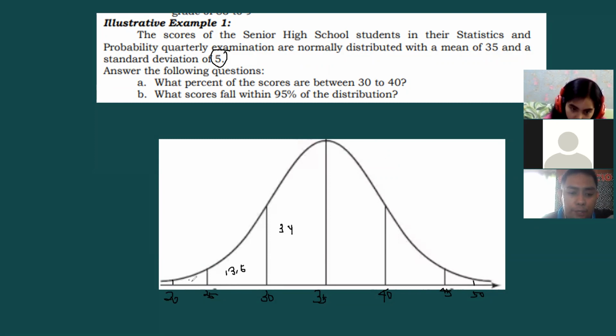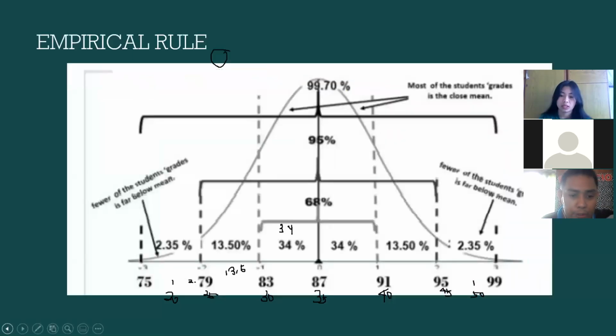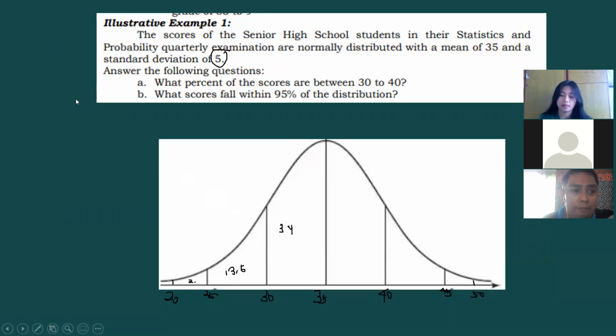This is 2.35. Dito sa kabila, pareho lang yan. This is 34. This is 13.5. This is 2.35.